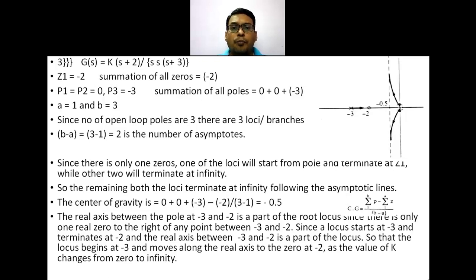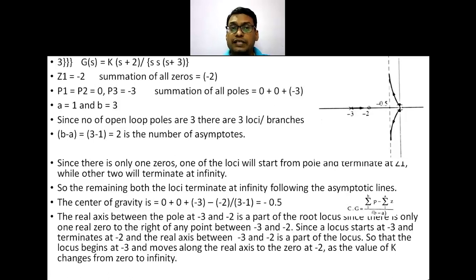Since the number of open loop poles is 3, there will be 3 branches. Out of these 3 branches, one will end at Z1, since there is only 1 zero. One of the branches will start from a pole, either P1, P2 or P3, we don't know.